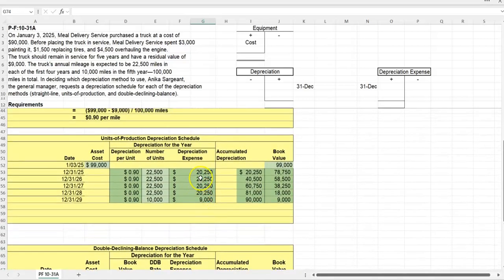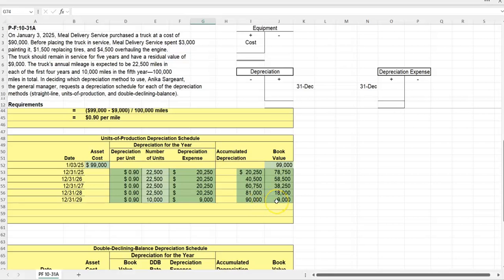Units of production is the most accurate as far as units used. So once we get the cost per unit, we're multiplying times the units used. In this case, it came out to $90,000 because of the question. But you also have to look out on this one to make sure you don't go above the $90,000 accumulated depreciation.